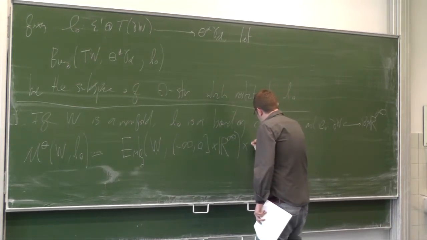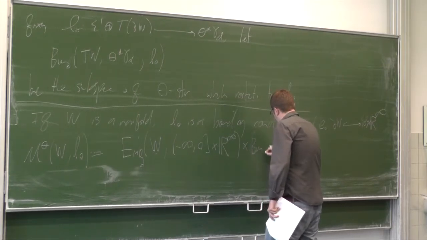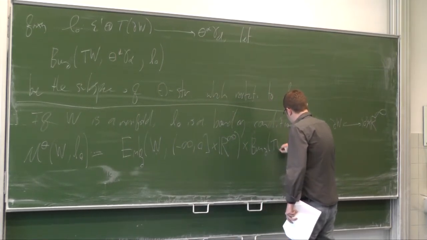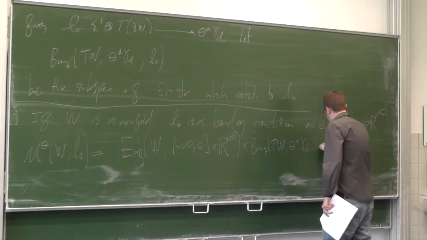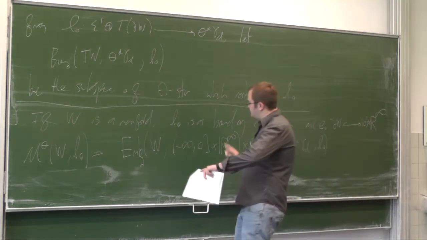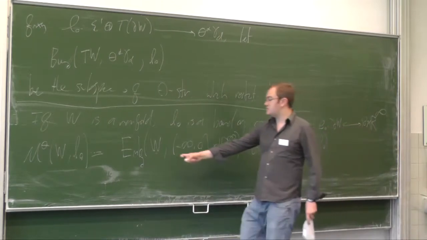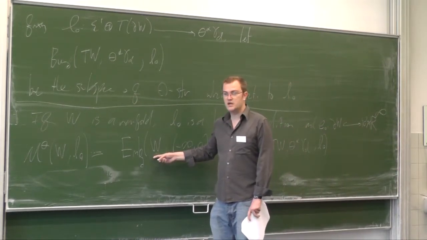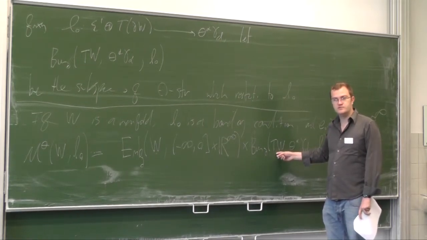Then I want to cross that with the space of theta structures satisfying this boundary condition. And then the diffeomorphism group of W acts on both things. It acts on embeddings by precomposition with a diffeomorphism, and it acts on the bundle maps by precomposition with the differential of the diffeomorphism.